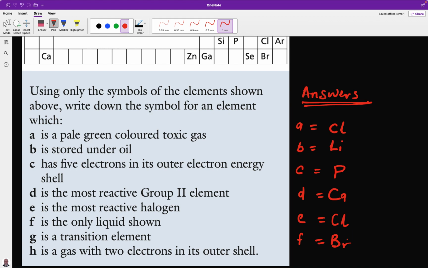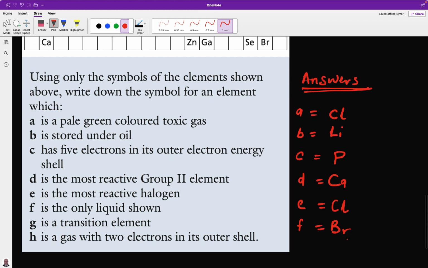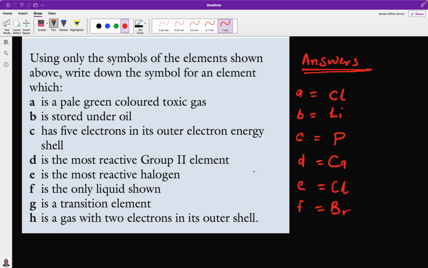Now, G. Write down the symbol of an element which is a transition element.